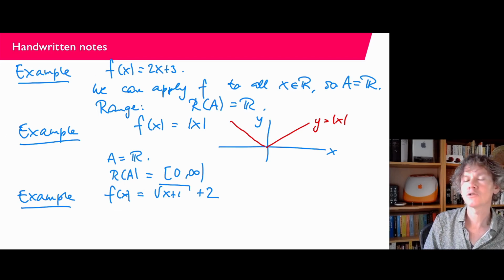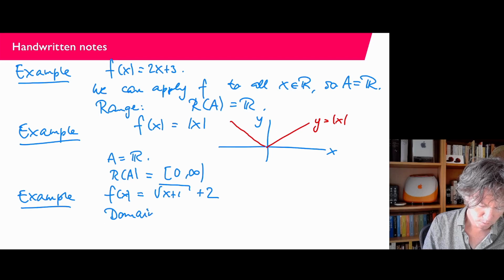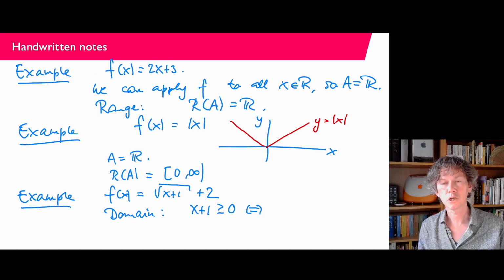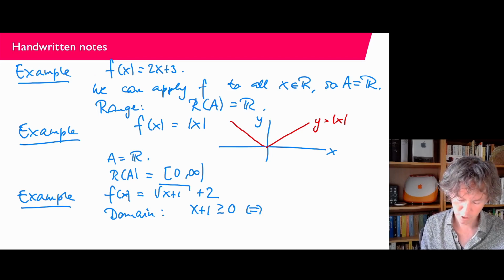Well, for it to make sense, we need a non-negative number under the square root. So the condition for the domain is going to be that x plus 1 should be bigger or equal 0, which is exactly the same as x is bigger or equal -1.